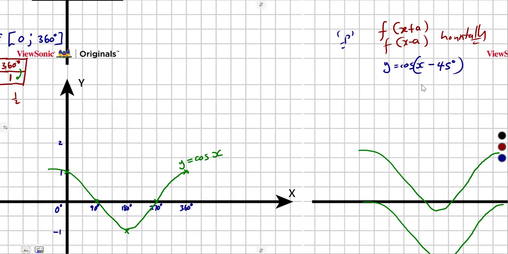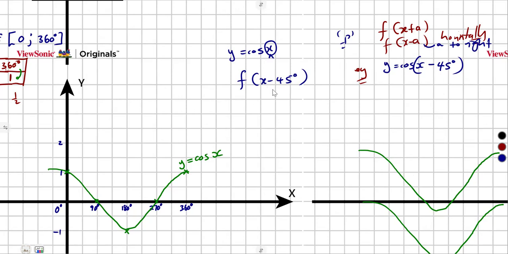So if we are given, for an example, the cos of x minus 45, from this graph of y is equal to the cos of x, what happened in order for us to have this x minus 45 where there was x? We substituted x minus 45, so it means it is f of x minus 45. F of x minus a to the right.